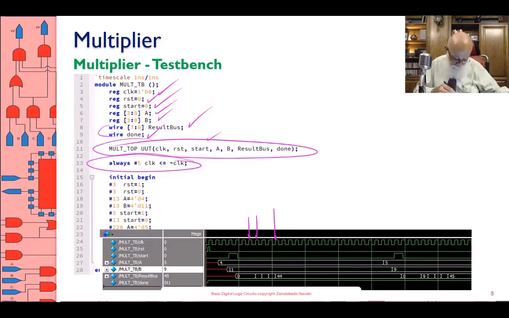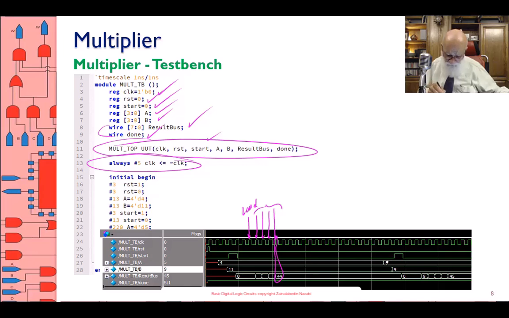Then I have 1, 2, 3, 4. This one is loading, and then these 4 are counting A, and this is where my result shows up.